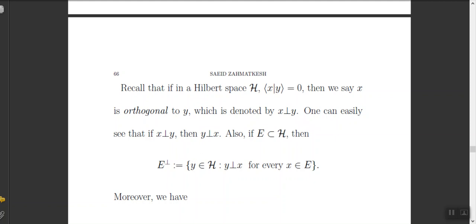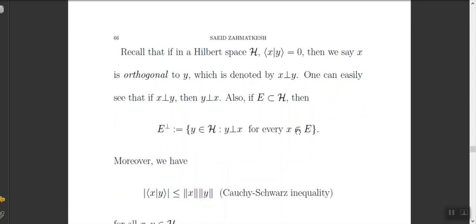It should be easy for you to figure out that if x is orthogonal to y, then y is also orthogonal to x. You can deduce it from here: if the inner product of x and y is 0, then this equals the conjugate of the inner product of y and x, so that must be 0 also.